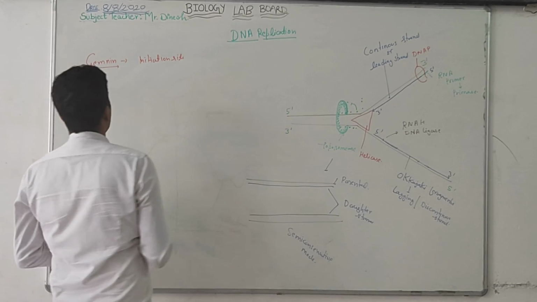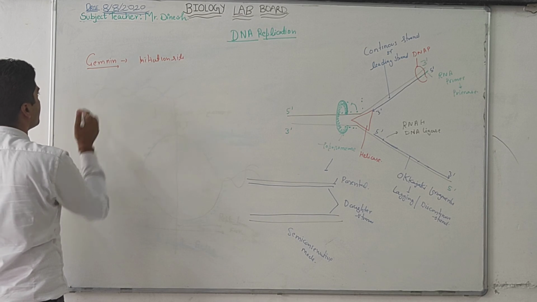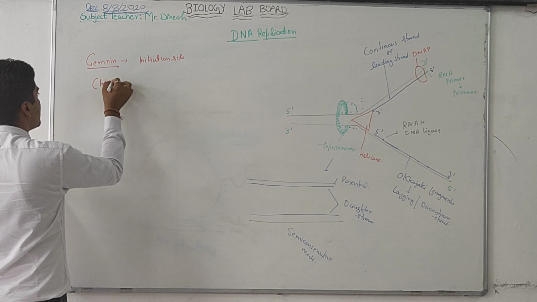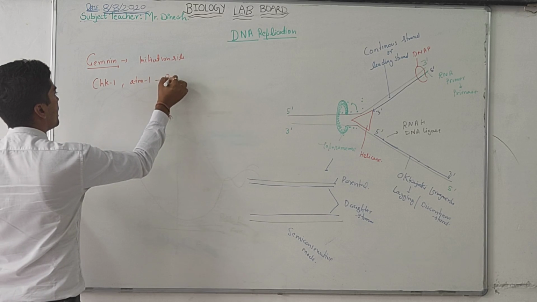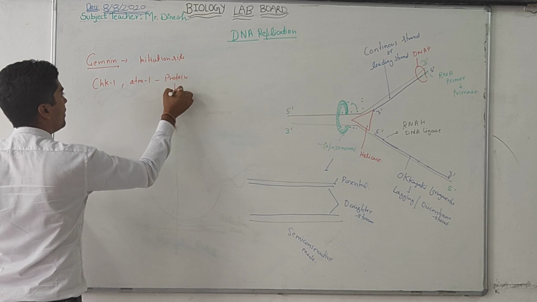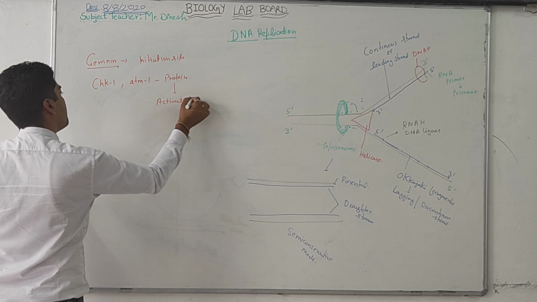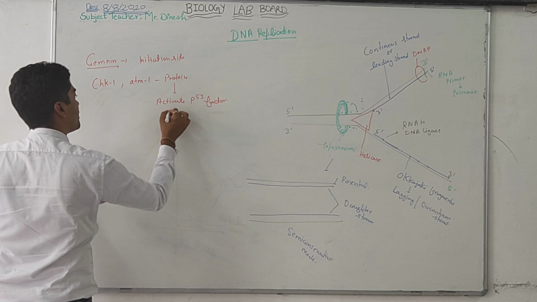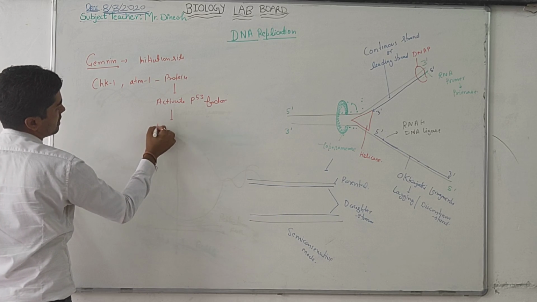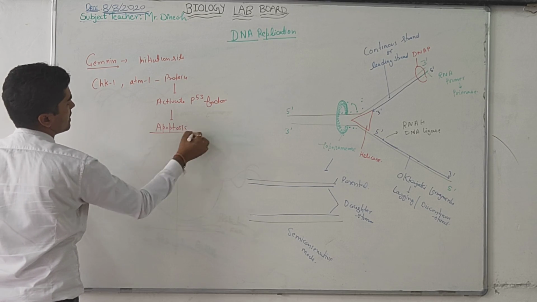Otherwise, if there is some fault in replication, then there are two proteins, CHK1 and ATM, that activate the P53 factor. This P53 factor will cause apoptosis, meaning programmed cell death.